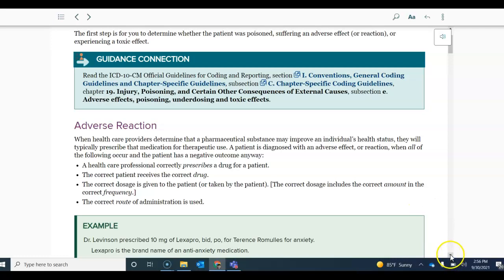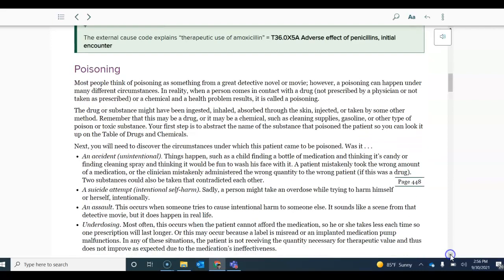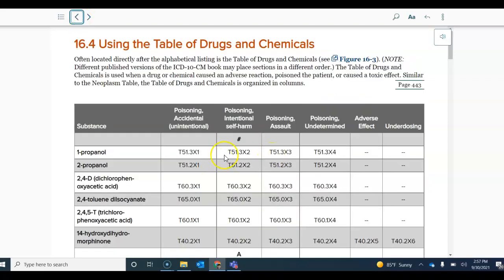Okay. Then also you're going to see in there, so here's where we talk about poisoning. So if you look across, let me go back to the top of that table. Okay. So poisoning doesn't mean, it could mean something bad, but not necessarily. So let's say it was an accidental. A child gets a hold of something.